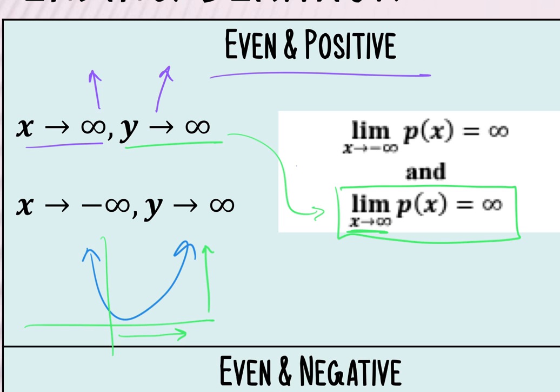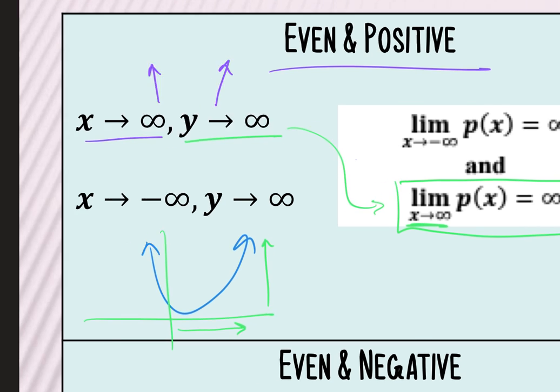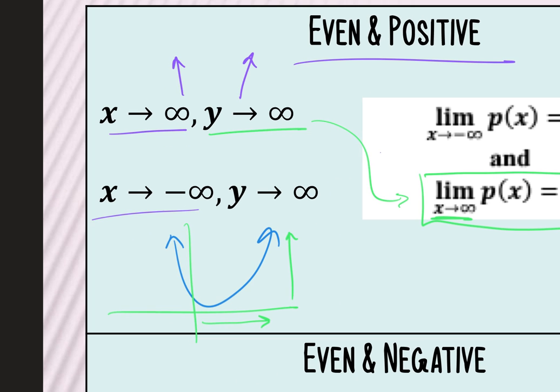That's what your y is doing, because f of x, g of x, p of x is the same thing as your y values. Because this arrow is going up, I would say that the limit as x approaches infinity of p of x equals infinity. And then as it goes to negative infinity, so if I'm going in this direction, negative infinity would be left.